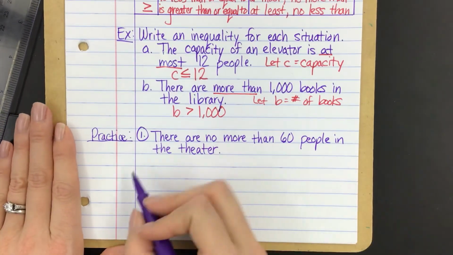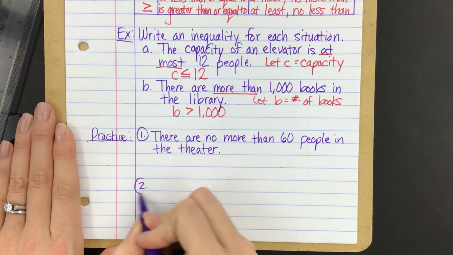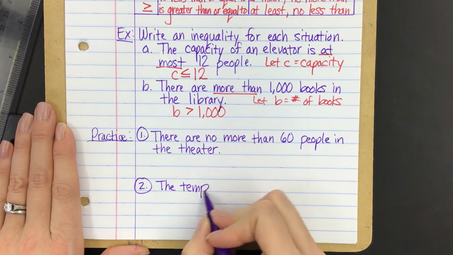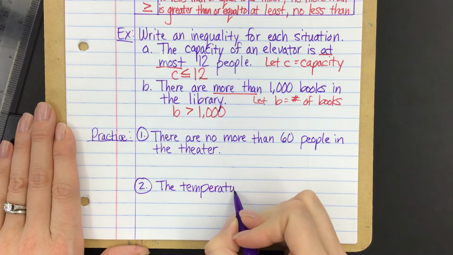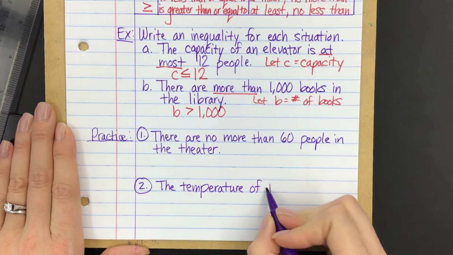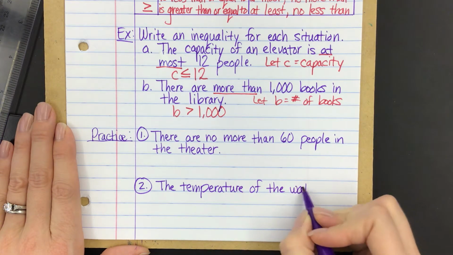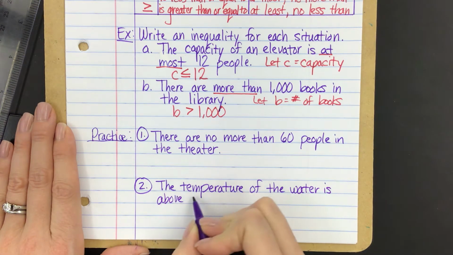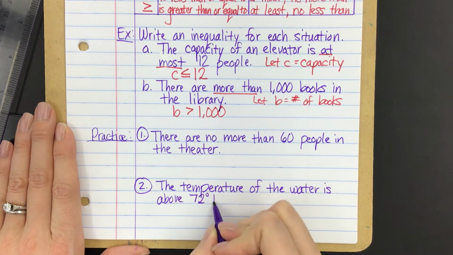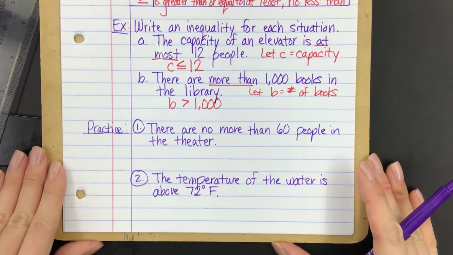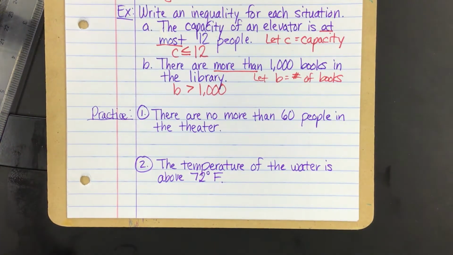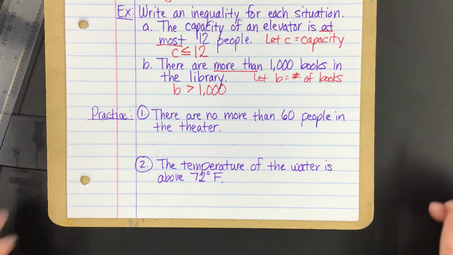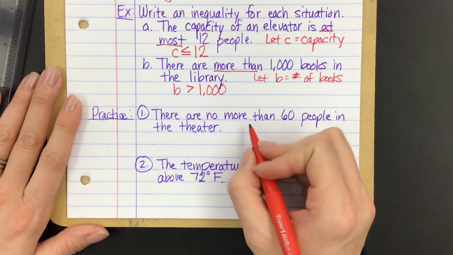So here's the first one. All right, so go ahead and write inequalities for those real quick. I'm going to define my variables. It's okay if you use different variables than me.